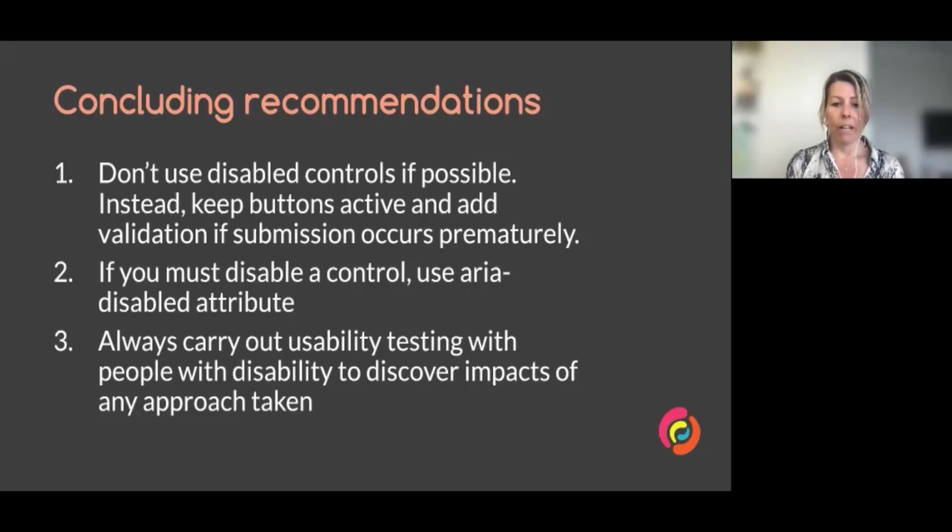Trying to prevent errors being generated in the first place is the ultimate goal, and that can be done in various ways, but clear labeling and linking instructions to fields are some of the ways that we looked at.